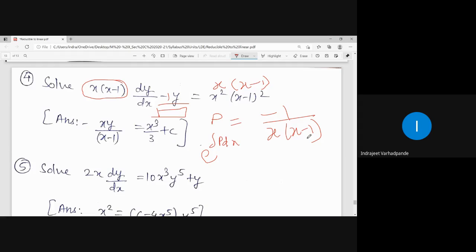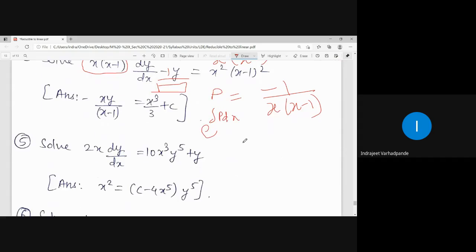In x square minus x, unless some term is present in the numerator, you cannot take the derivative. If you have the denominator's derivative present in the numerator, then you can apply the log. Sir, in the numerator we will add x and subtract x.